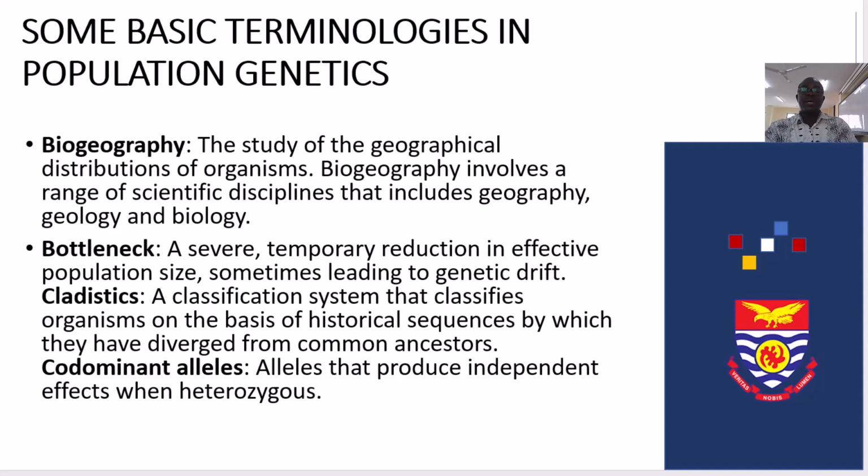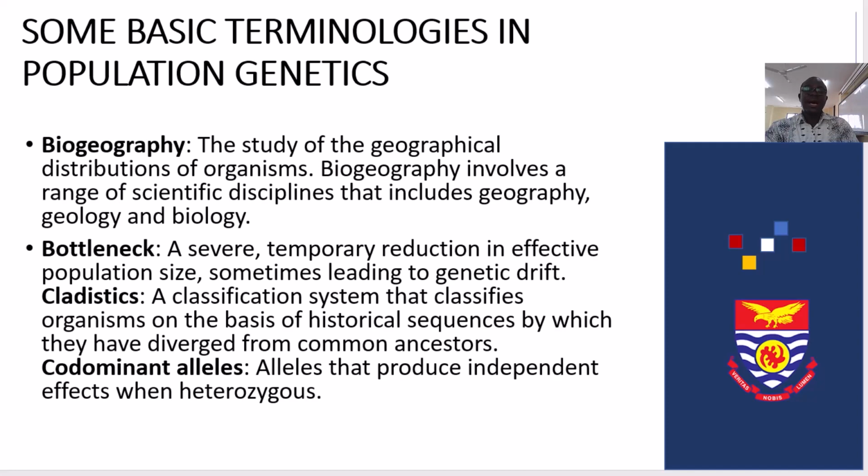Biogeography: the study of the geographical distributions of organisms. Biogeography involves a range of scientific disciplines that includes geography, geology, and biology. Bottleneck: a severe temporary reduction in effective population size, sometimes leading to genetic drift. Cladistics: a classification system that classifies organisms on the basis of historical sequences by which they have diverged from common ancestors.